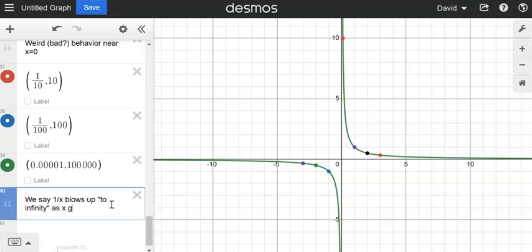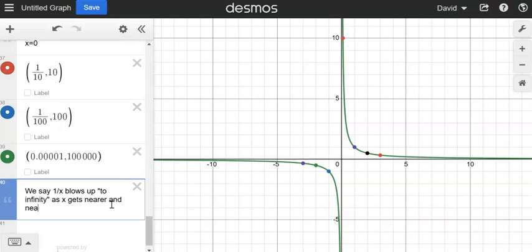As x gets nearer and nearer to 0. Okay, so it's a great building block for more funky behavior that we get from fractions, and we've known that for a long time. We know that 1 over 0 is the most famously dangerous thing in math, and even when you get close to 1 over 0, you've got to watch out.